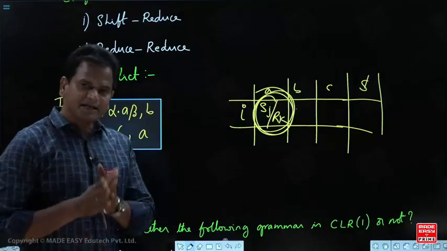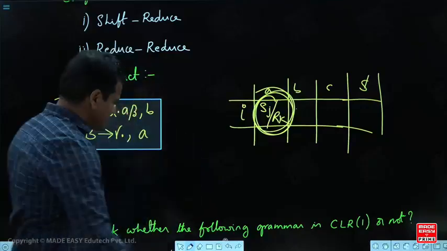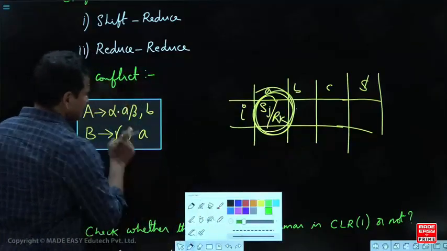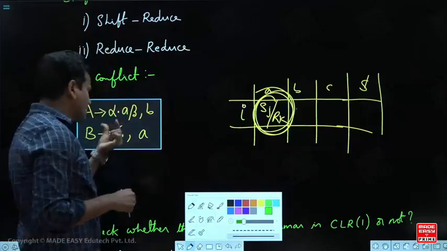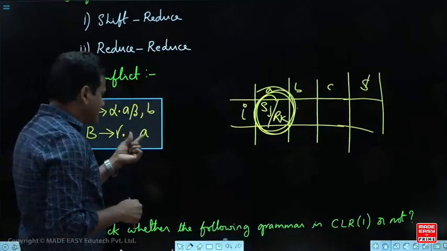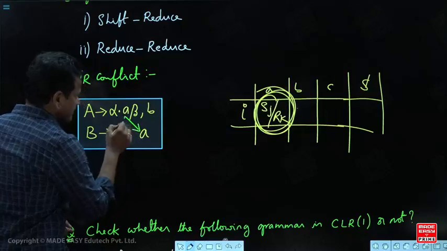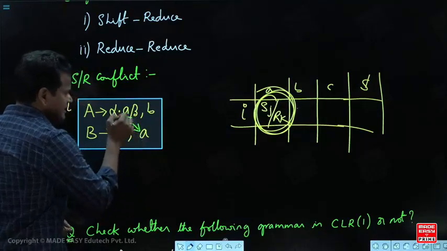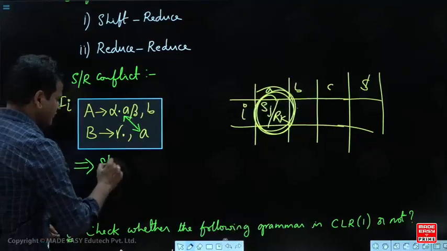Therefore, in the case of CLR(1), any state having a shift symbol terminal, and in the same state one final item whose look ahead is also the same as the shift symbol, both matched, implies shift reduce conflict.